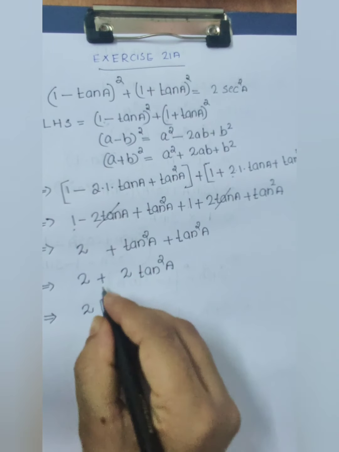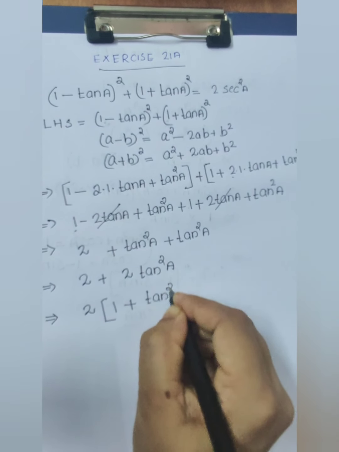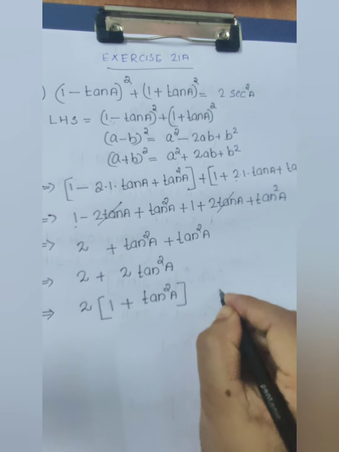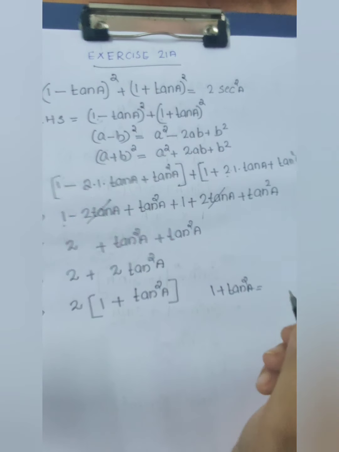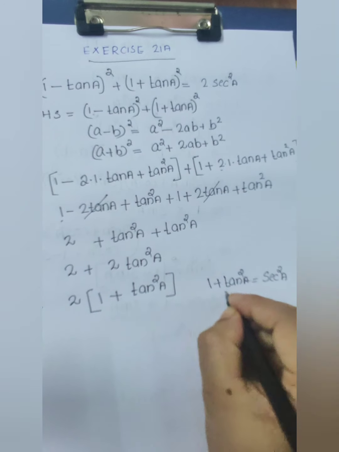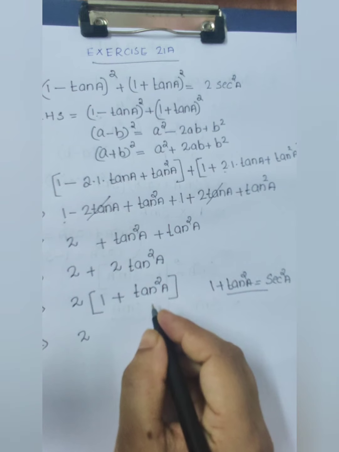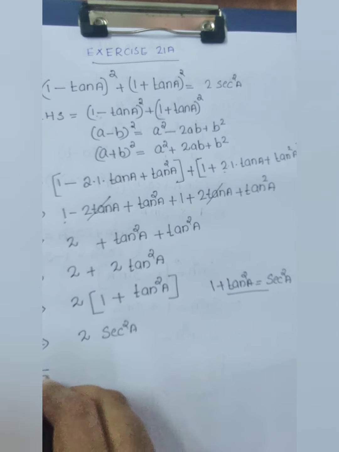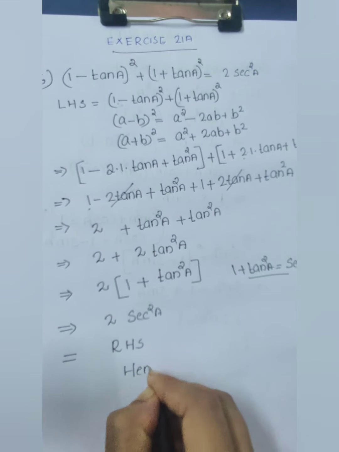So we will get 2 into 1 plus tan square a. From the square relationship, we have 1 plus tan square a equal to sec square a. Substitute this value here. We will get 2 into sec square a, which is equal to the RHS. Hence proved.